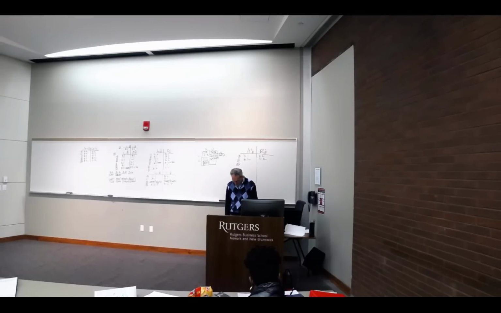Well, if A uses the cash method, when does A secure a deduction? Year 2, because that's when payment is made. Everyone agree? You get a deduction when payment is made. And when would B have to include it in income?